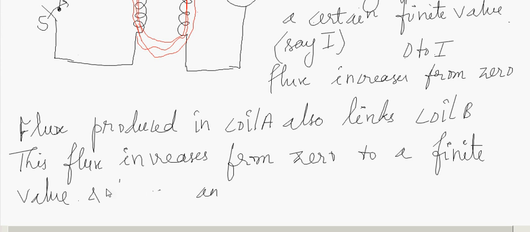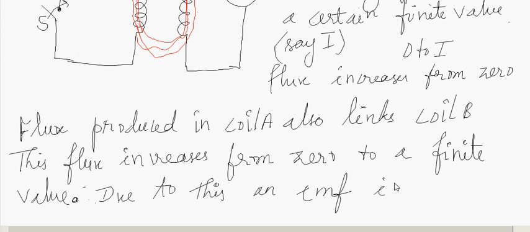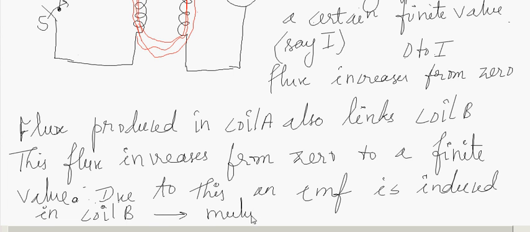or you can write, this change in flux with respect to time, this rate of change of flux, or due to this rate of change of flux, an EMF is induced in coil B, and this is known as mutually induced EMF.